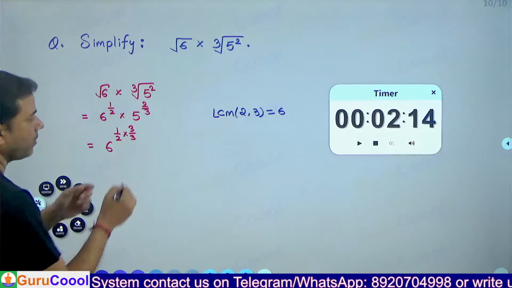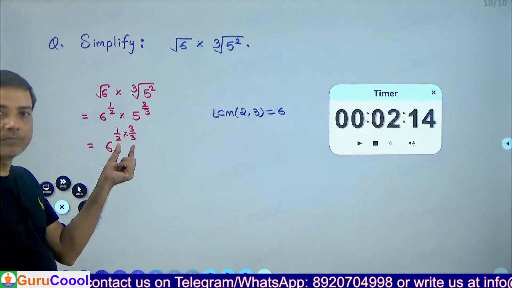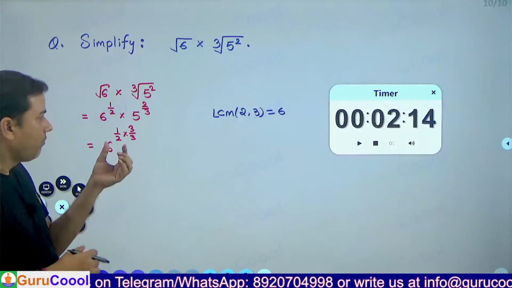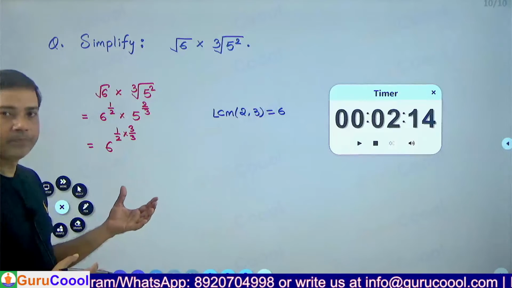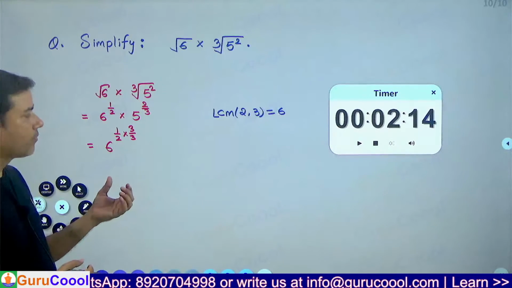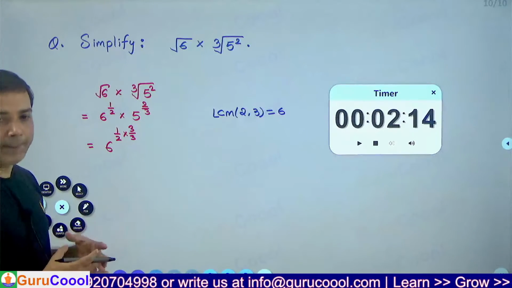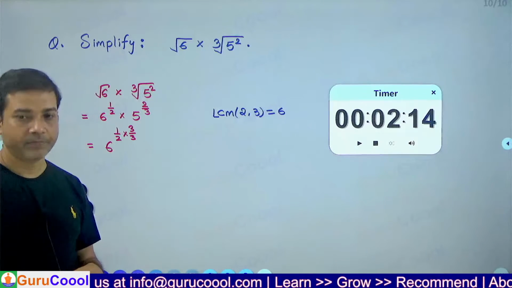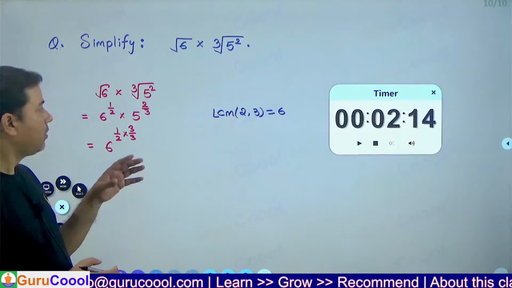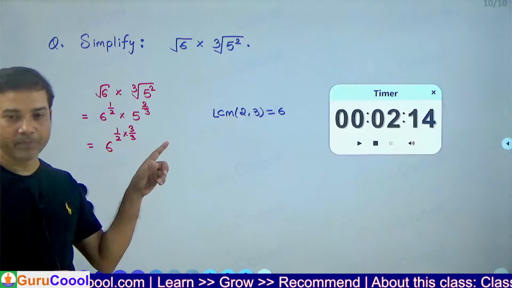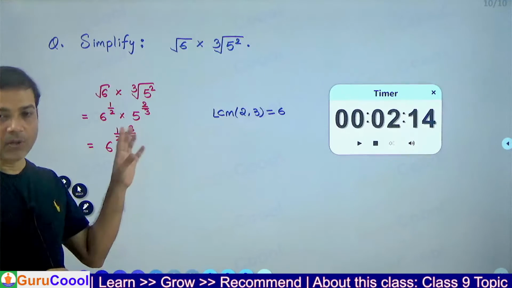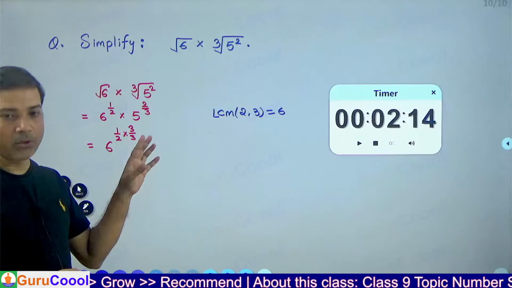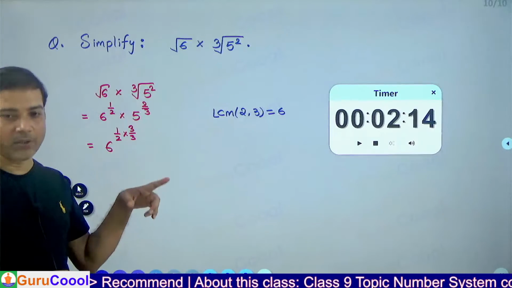Is there any problem doing this? I mean, is this valid to do? I'm talking about the validity. First we'll take the LCM and then we'll cross multiply. No, wait. We are not adding them. You thought we are adding them, that's why you are telling that.